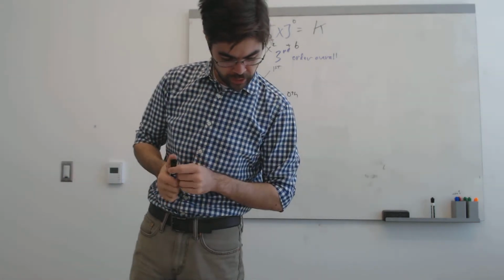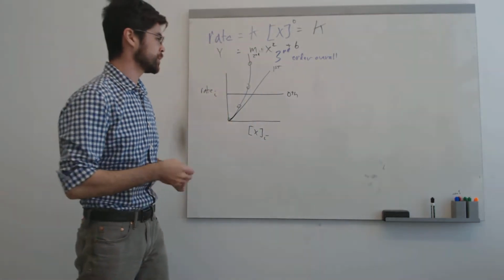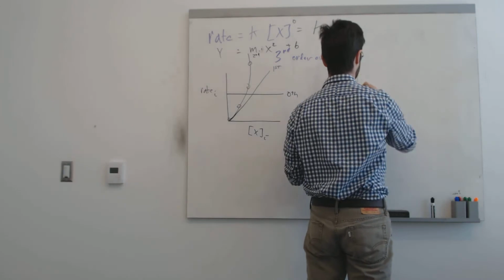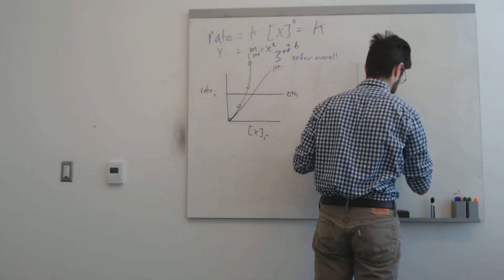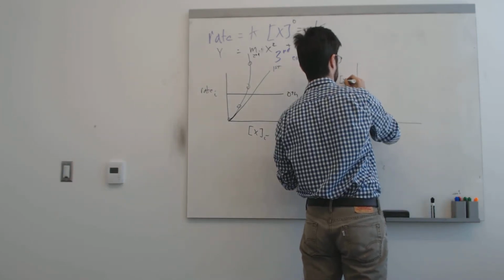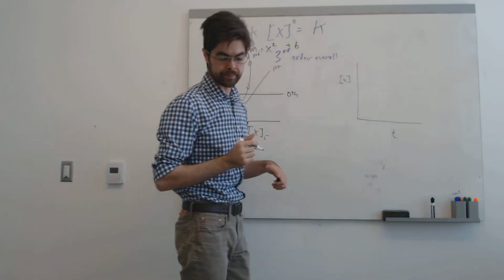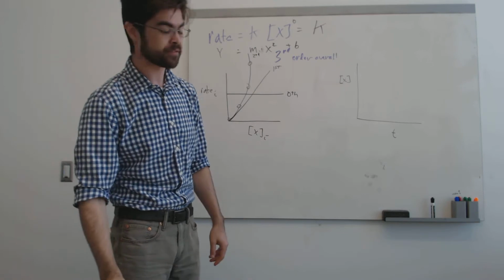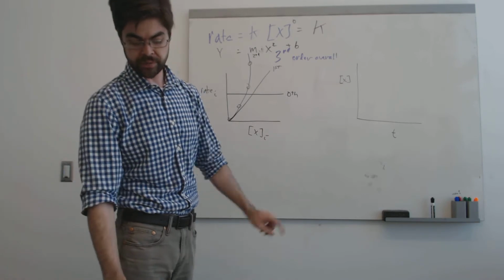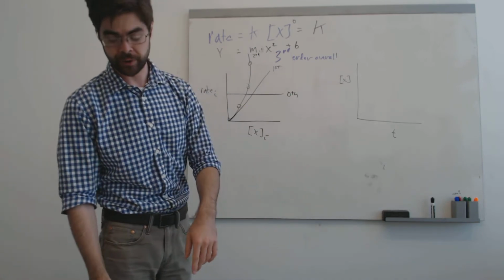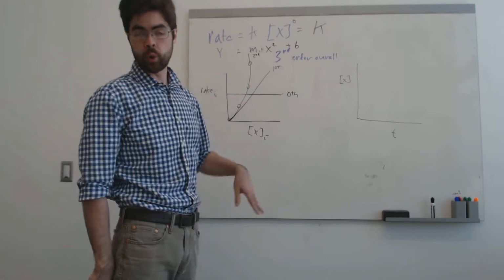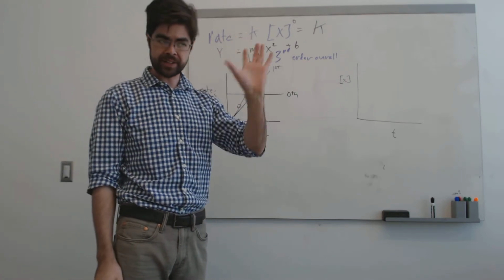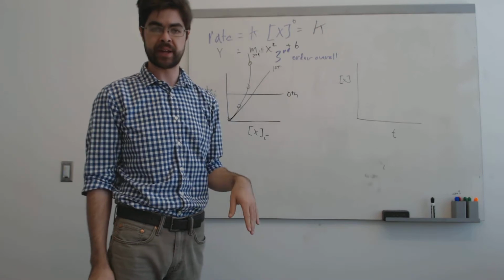The other way you can do it is do a single experiment where you measure the concentration versus time. And then again, you can possibly identify the order of the reaction by how the concentration varies with time. Different orders of reactions have different concentration versus time dependencies.